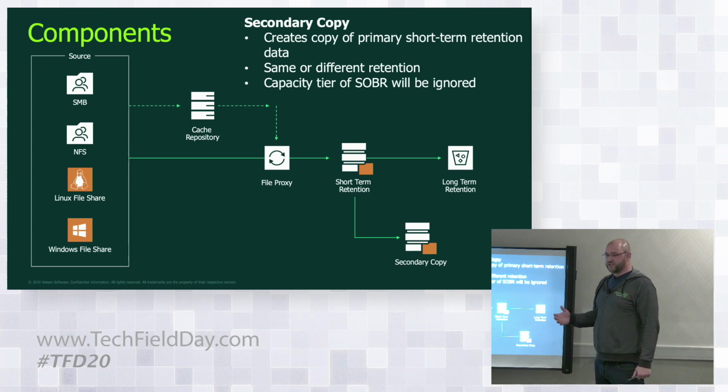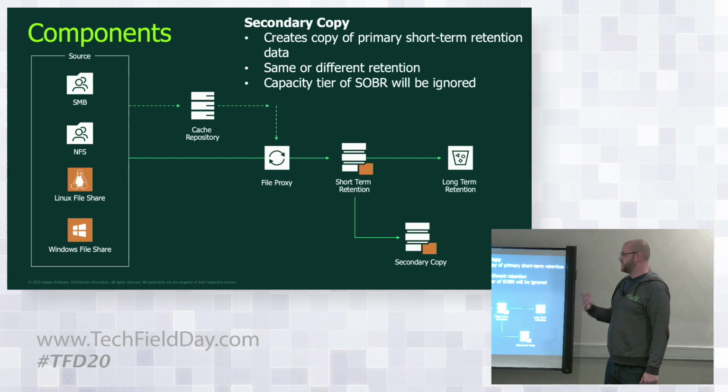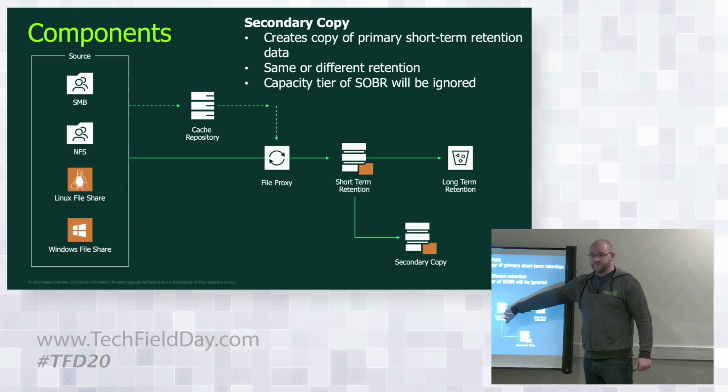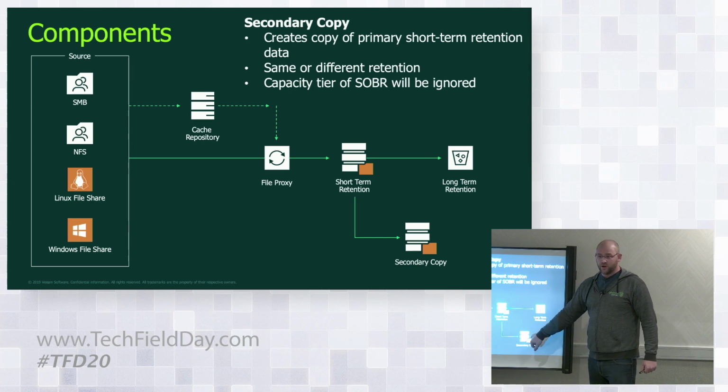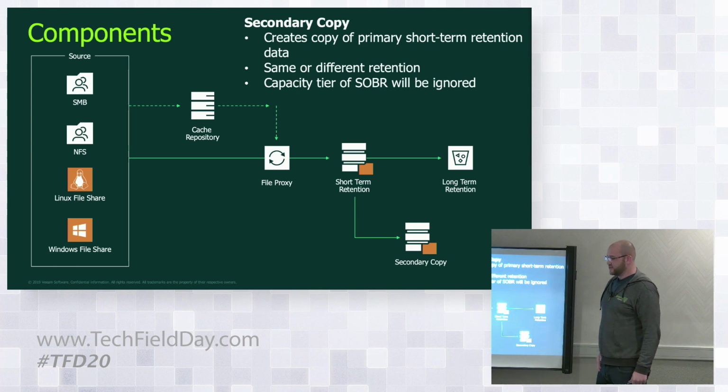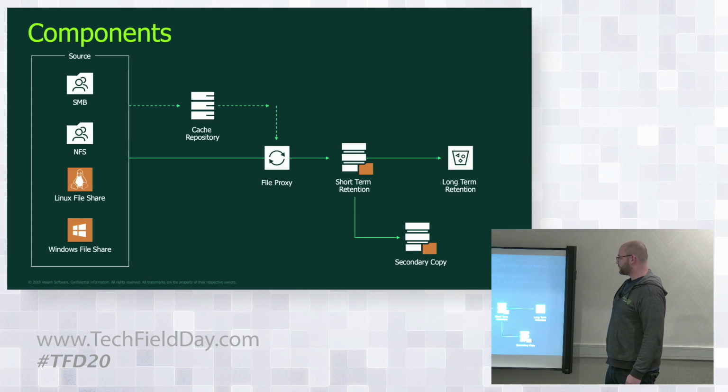It can be the same retention as the primary, but it can be granular in that we can change the retention period. We can also encrypt here with one key, and choose to encrypt this with a different key. So again, a level of protection against insider threats.